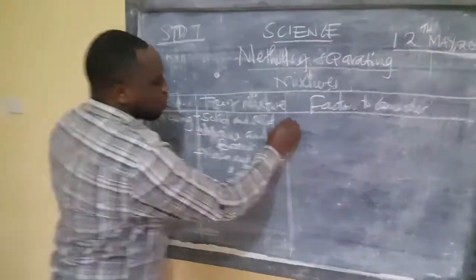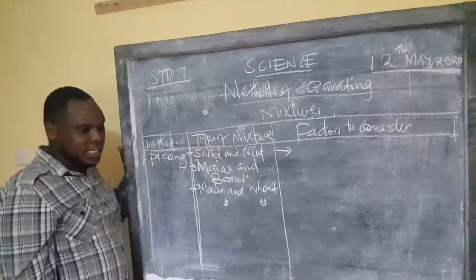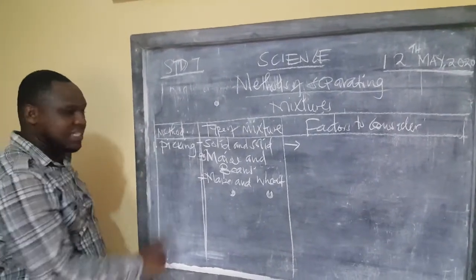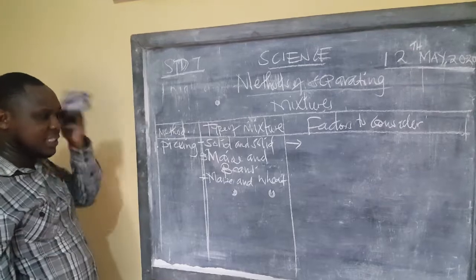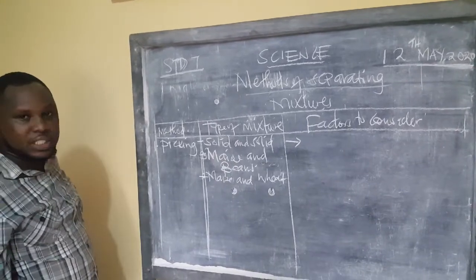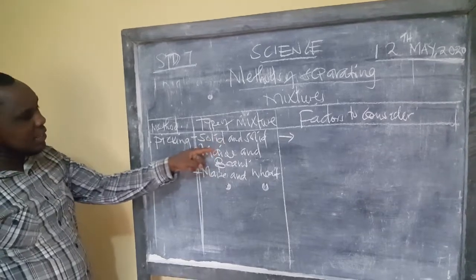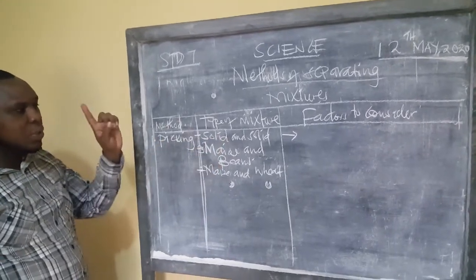Then when it comes to the factors to consider, what are we considering? For me to be able to use picking as a method of separating a certain mixture, what have I considered? For you to be able to separate this type of mixture, you need to consider the following.